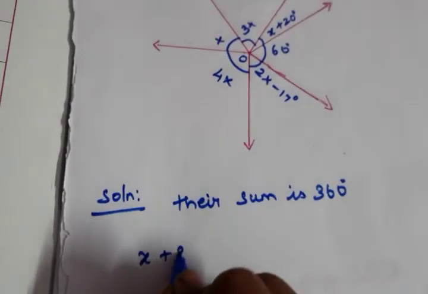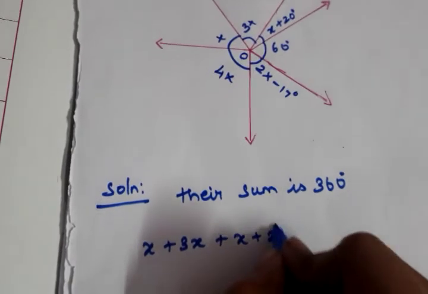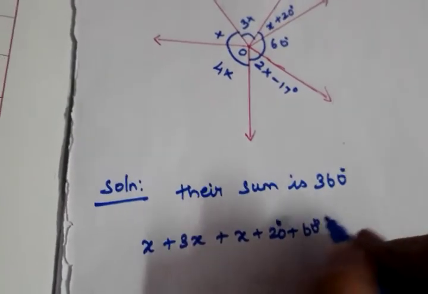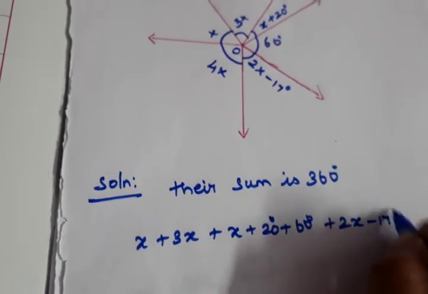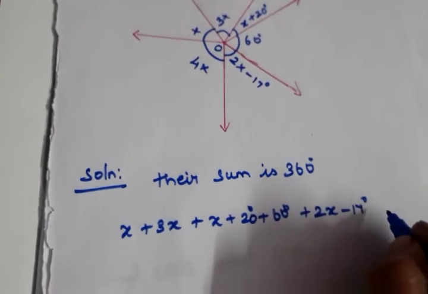x plus 3x plus x plus 20 degrees plus 60 degrees plus 2x minus 17 degrees plus 4x.